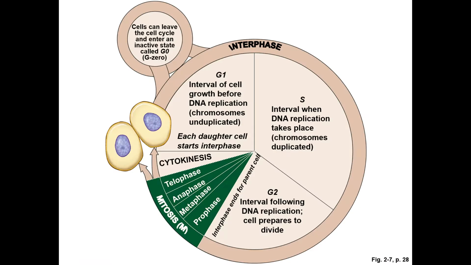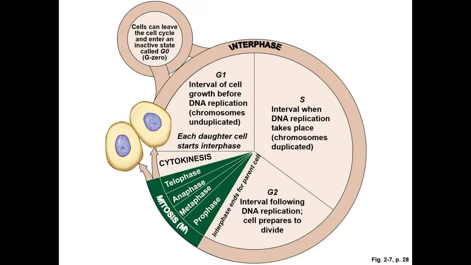Okay, so here you've got your overview of mitosis. You can see cells tend to be in interphase for quite a period of time, and interphase is broken down into the G1, S, and G2 phases. And then you enter into mitosis itself, which is that green section. And mitosis has 4 phases: PMAT: prophase, metaphase, anaphase, telophase.